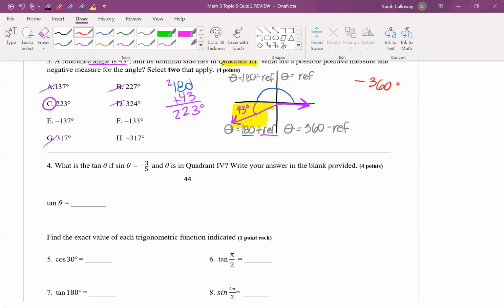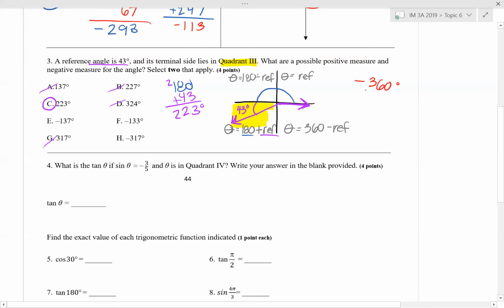Since 360 is larger, I'm going to place it on top when I'm stacking with place value, but I'm still going to subtract. So if I'm subtracting 223 from 360, I'm going to borrow from the 60, and so it drops down to 50 and 10. So 10 minus 3 is 7. 50 minus 20 is 30. And then 300 minus 200 is 100. Since the 360 is larger, it's going to be negative 137 degrees.